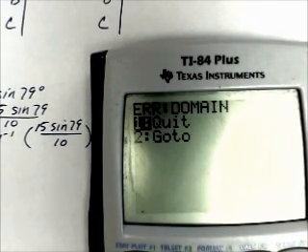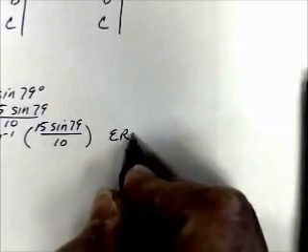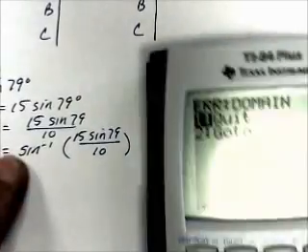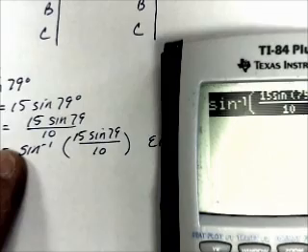We get an error. Okay, so there's no triangles. Well, why did we get an error? What is this value here? What's the value of this fraction alone?